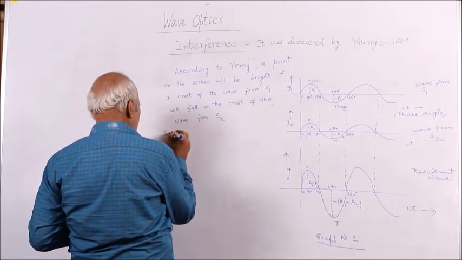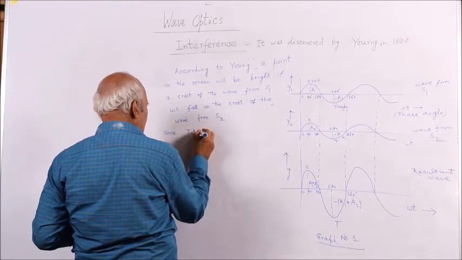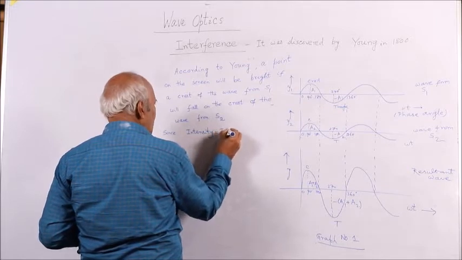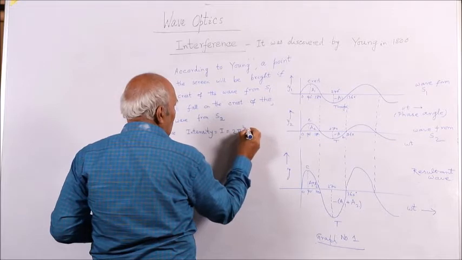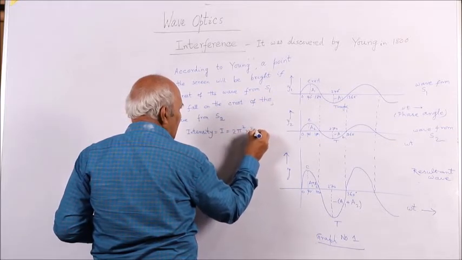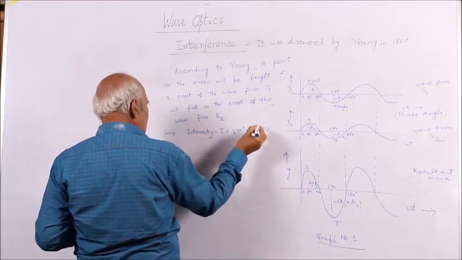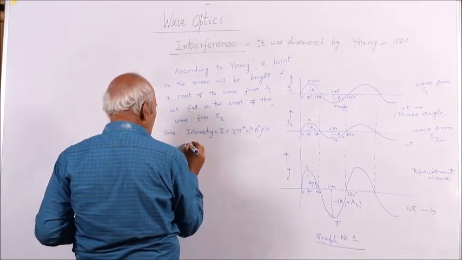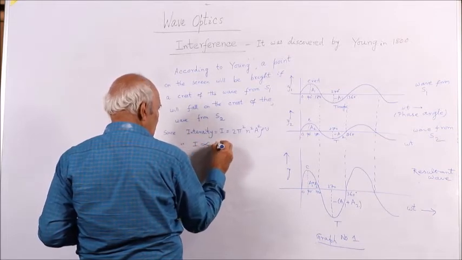Since intensity I has a formula, 2 pi square n square a square rho v, where the symbols are density, speed of light, n is frequency, or I is proportional to a square.